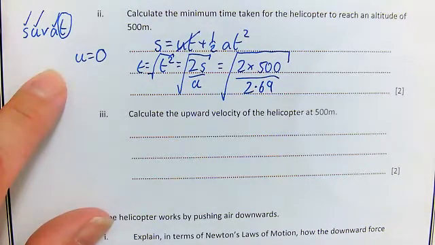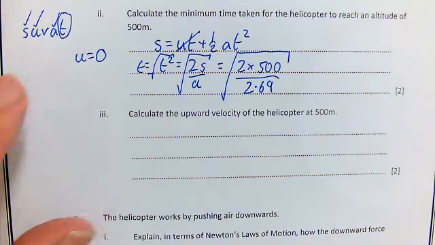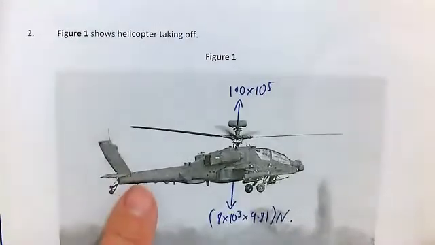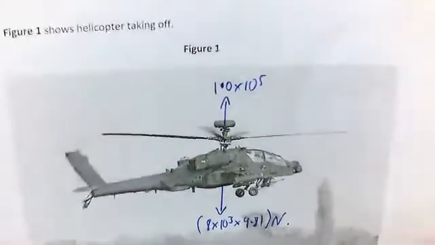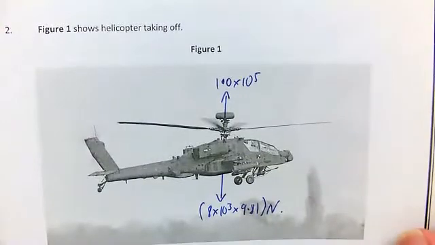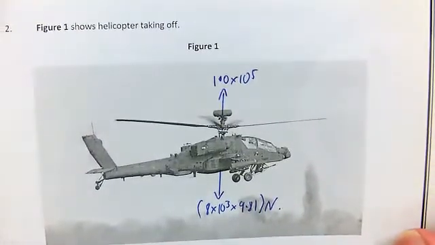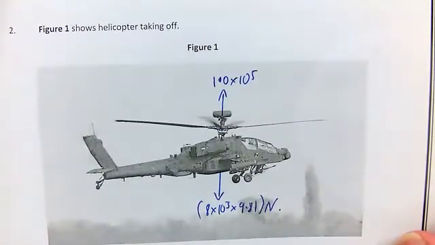I've just had an interesting question. How do I know that U is equal to 0? Well, it's about looking at the context of the question. It tells you it's about a helicopter taking off. When the helicopter takes off, obviously it starts off on the ground, so its initial velocity is going to be 0.